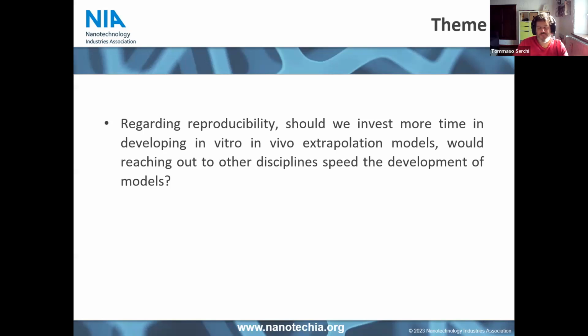Look, it's complicated. Life is always complicated. No, I mean, yes, we definitely need more in vitro to in vivo extrapolation models, possibly quantitative, if not only quantitative, because otherwise probably of limited use, even though any model that brings new knowledge is always useful.